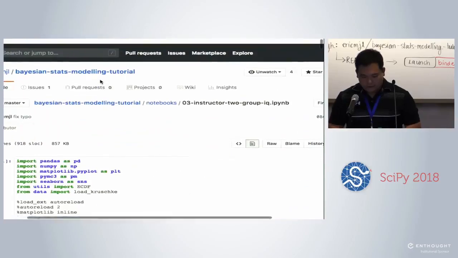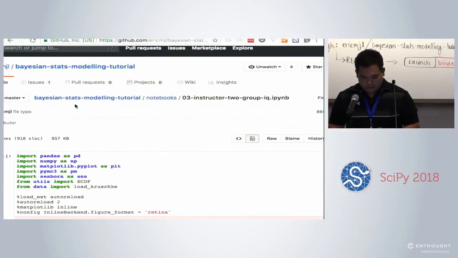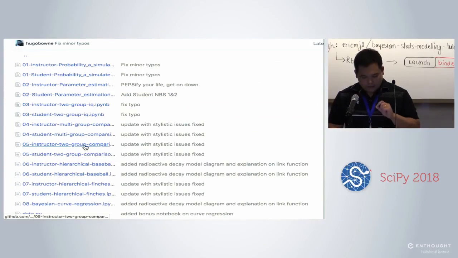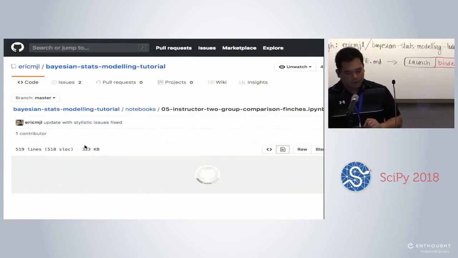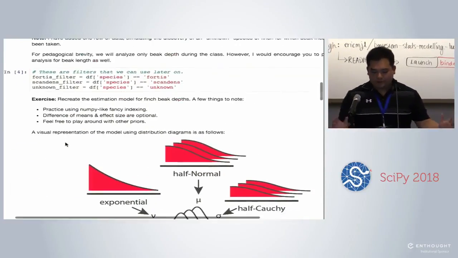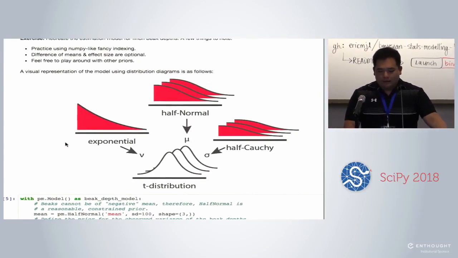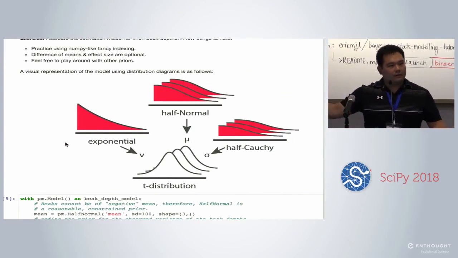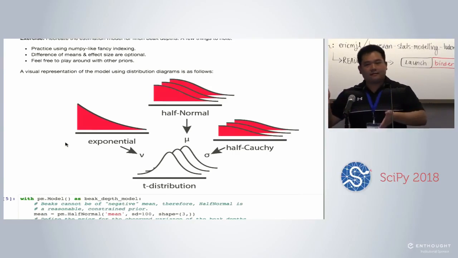So, to show you the conclusion on that, I would like you to open up the instructor version of notebook number 5. You don't have to run anything. I will go through just a few major points that I wanted to highlight through the exercise of notebook 4 and notebook 5.